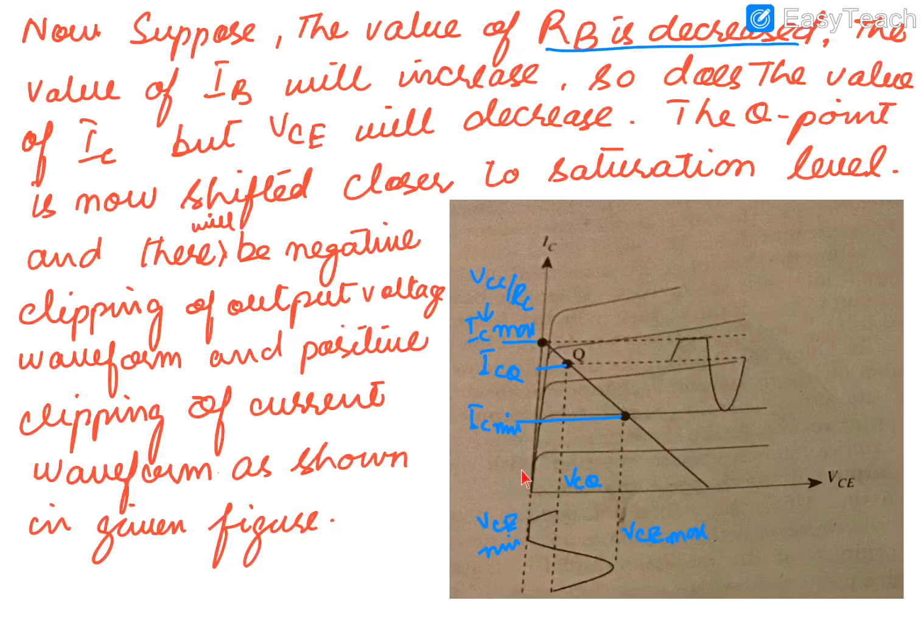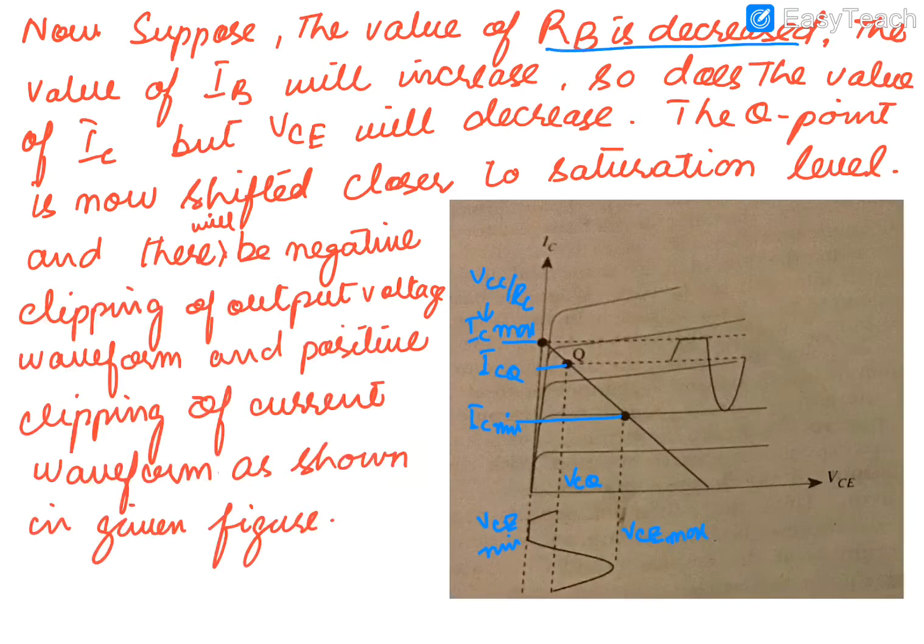This limit is of 0 volt and this limit is of IC maximum. The current cannot be greater than the IC maximum, that's why we have seen positive clipping in this case, and VCE cannot be less than 0 volts, so we have seen negative clipping in case of voltage, as can be shown in the figure.